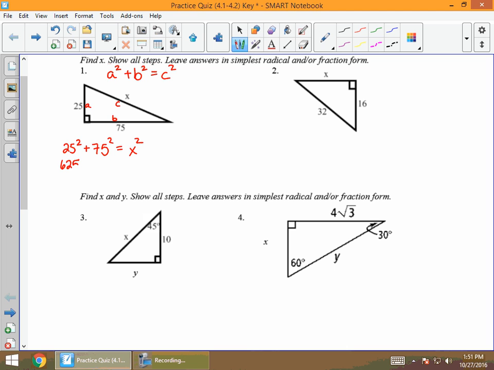I get that by doing 25 times 25. And 75 times 75 is 5,625. So that is equal to x squared. Then I add the 2 things together and I get 6,250 is equal to x squared.